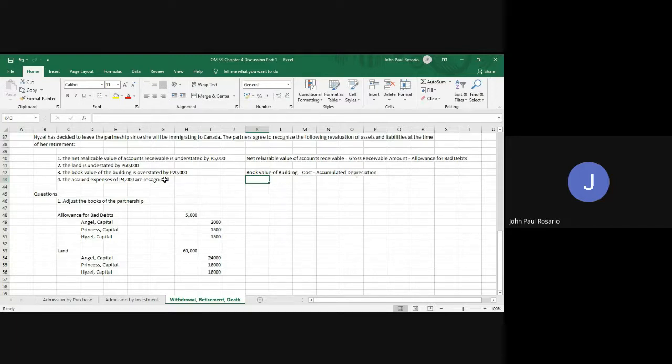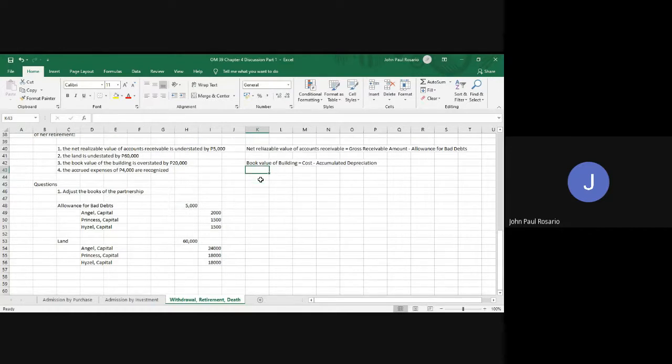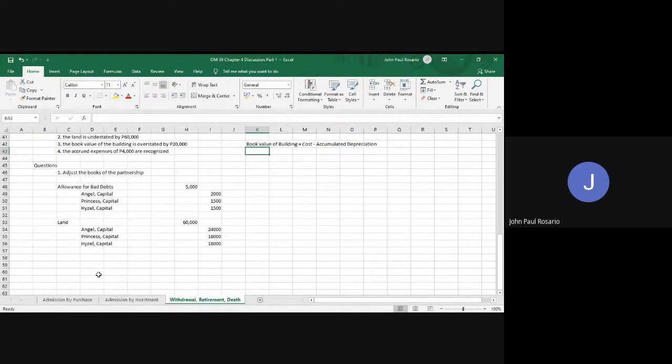Since the book value is overstated, we increase accumulated depreciation to lower the book value. When we increase a contra asset account, we credit it. So we credit accumulated depreciation, building, amounting to 20,000. If you increase accumulated depreciation, the book value becomes smaller, so it is no longer overstated.